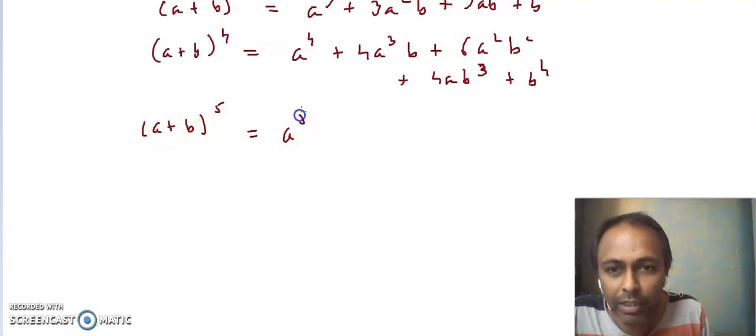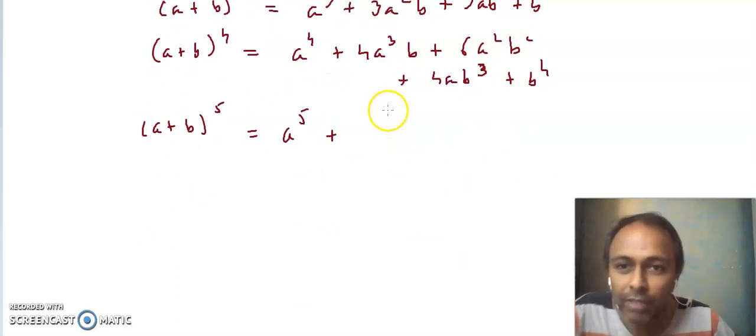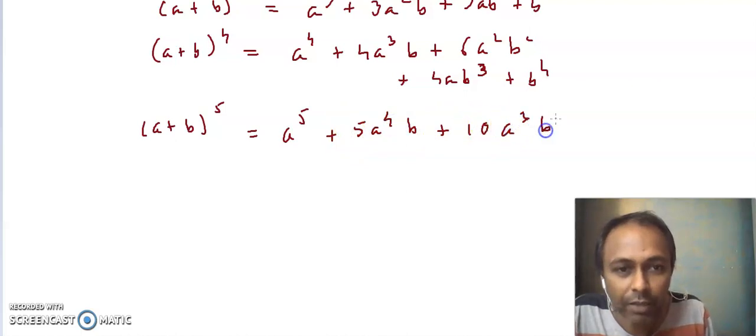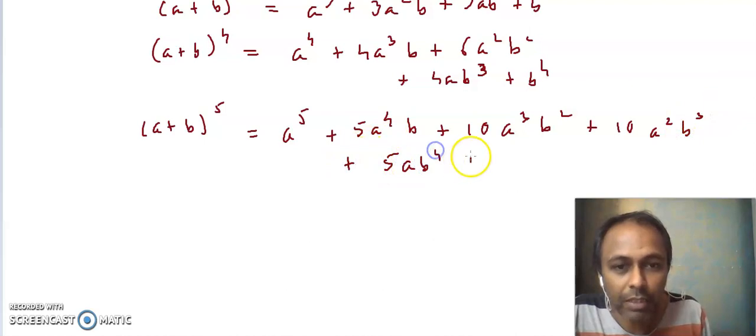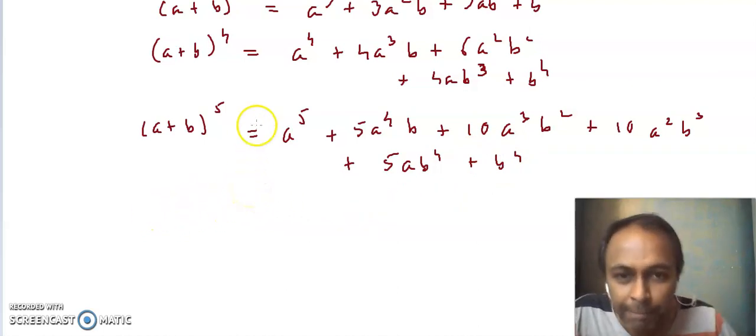I know you are thinking, how have these values come? I'll explain shortly. a raised to 5 plus 5a raised to 4 into b plus 10a cube b square plus 10a square b cube plus 5ab raised to 4 plus b raised to 5, and so on. You can keep doing it for the higher degrees as well.